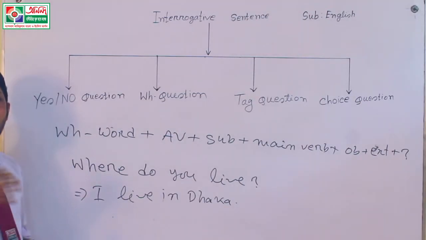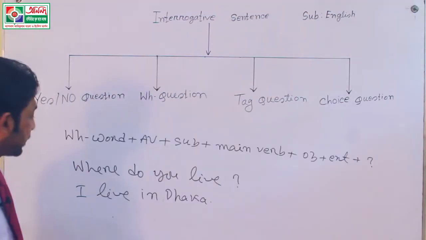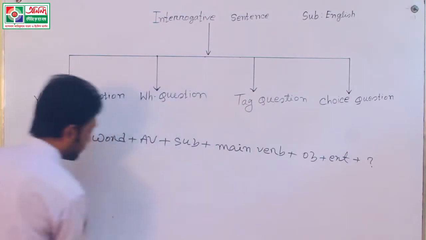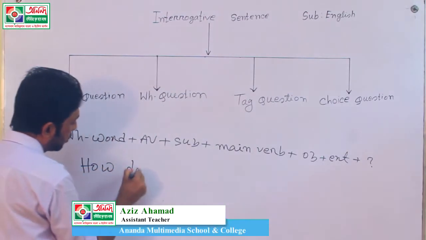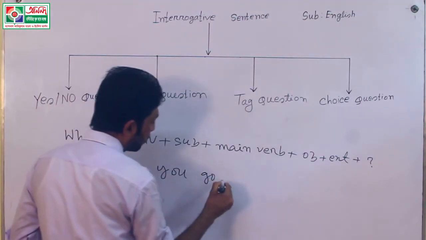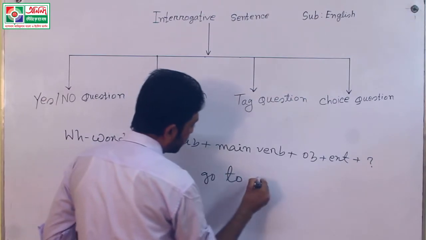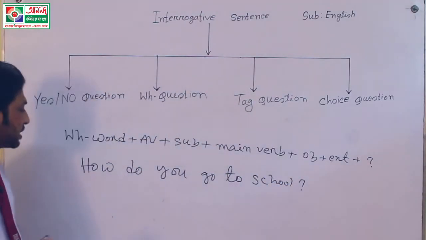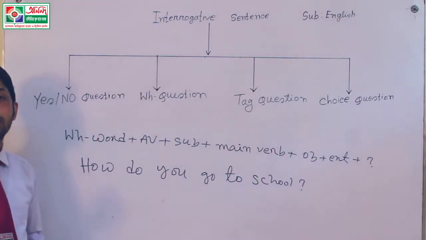It can be when, why, where, etc. Okay, now I am giving you another example. How do you go to school? You can give the answer, I go to school by bus.